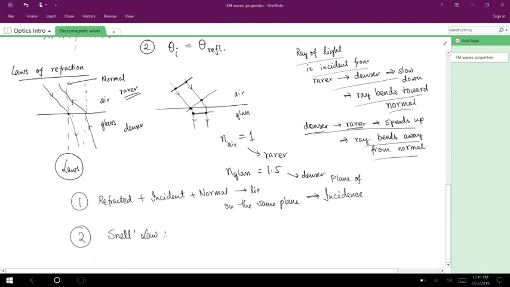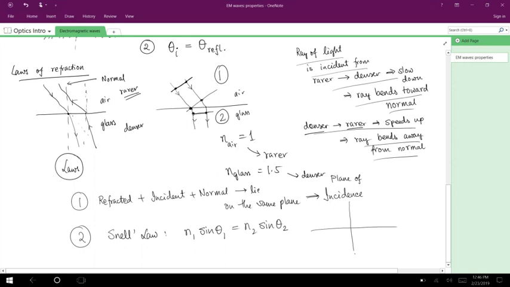And Snell's law says that if light is incident from, let's say, medium 1 and it's going into medium 2, so then we can write n1 sine of theta 1 is equal to n2 sine of theta 2, where n1 and n2 are the respective refractive indices, and theta 1 and theta 2 are the respective angles in the particular media.